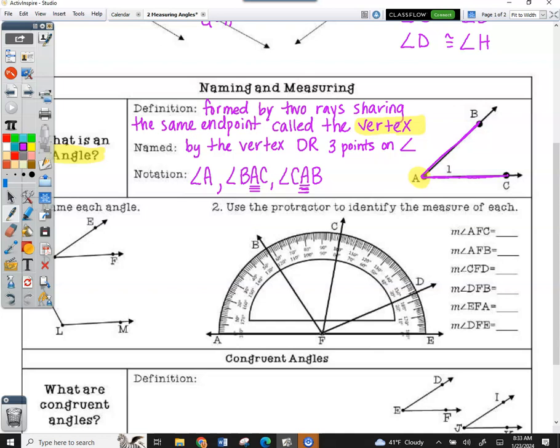This does not mean that it measures 1 degree. This is saying, hey, this is angle 1. Like from here to here is angle 1. So I'm going to put or angle 1. In this particular picture, you can name it angle 1 as well. All right, so that's a lot to take in.